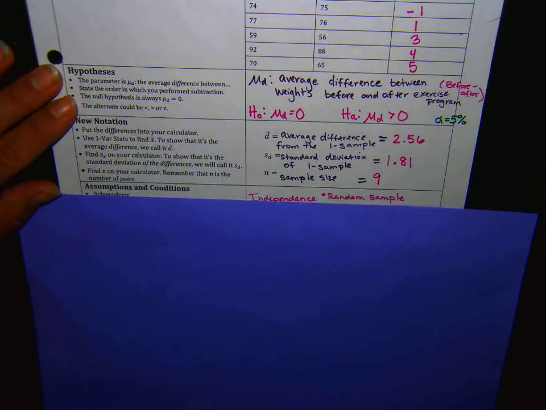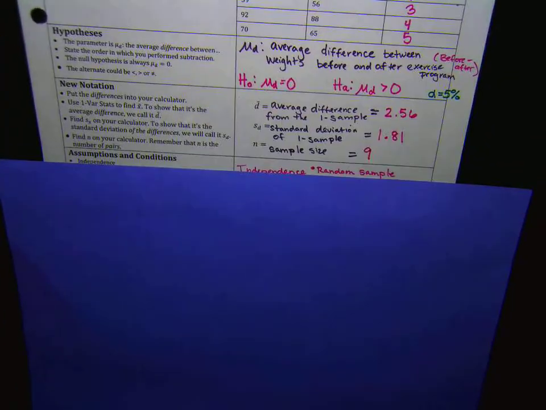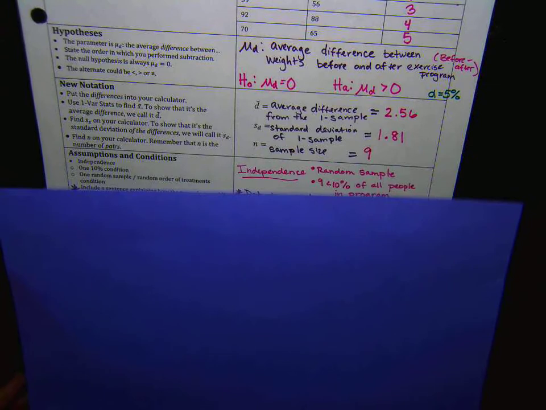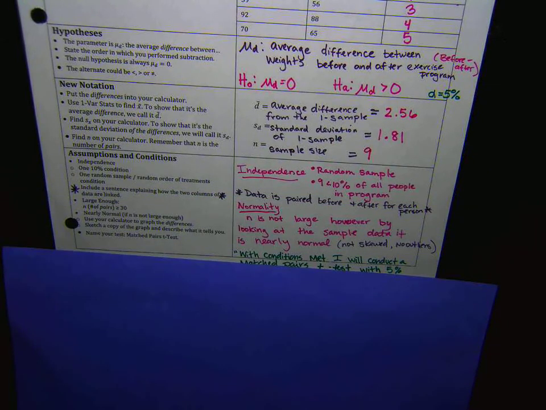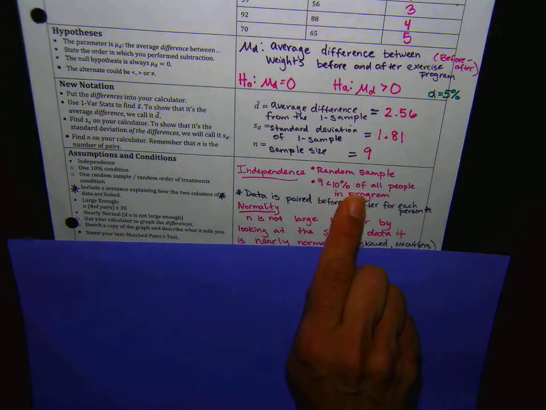Before we can actually calculate anything, we need to make our checks and assumptions. The first thing we're going to look at is independence. It's a random sample, and our sample size of 9 is less than 10% of all people in the program. I think that's a pretty safe assumption, although I don't know how many people total are in the program.